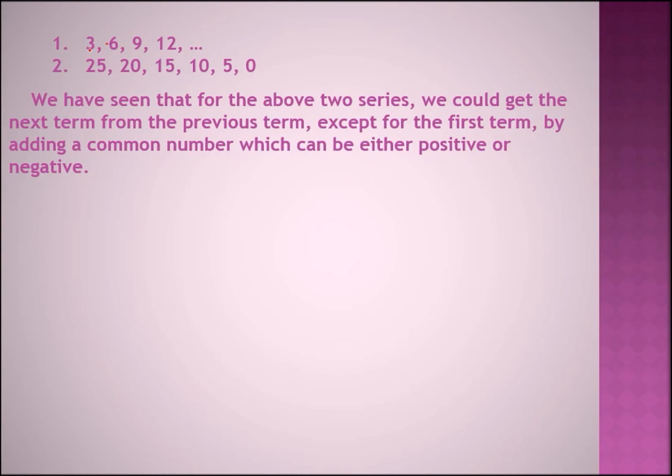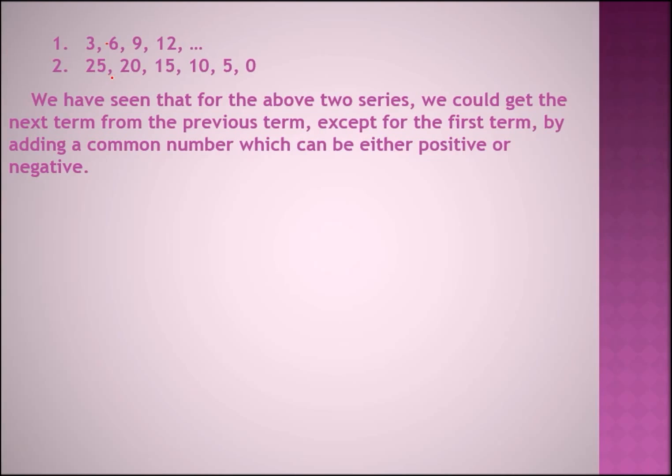Because for the first series, we add a +3 to each number to get the next number. 3 plus 3 will be giving us a 6, 6 plus 3 is 9, 9 plus 3 is 12, and so on it goes. But for the second series, the number that has to be added is a -5.